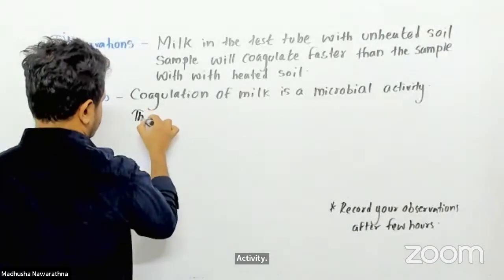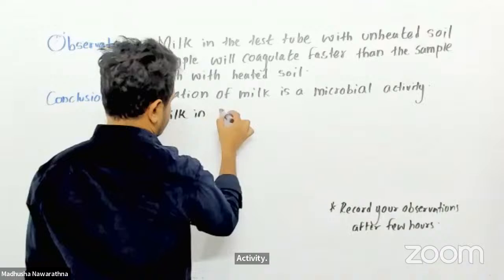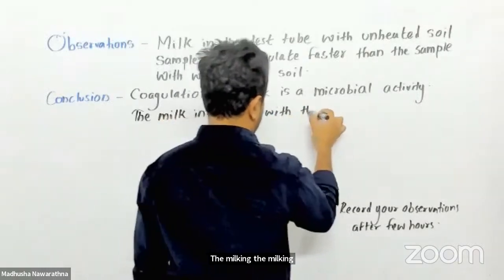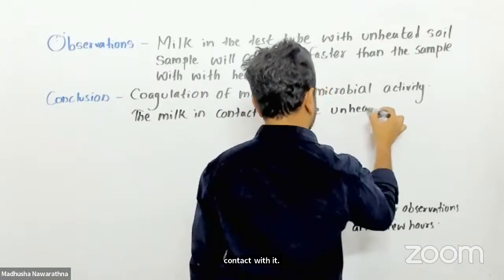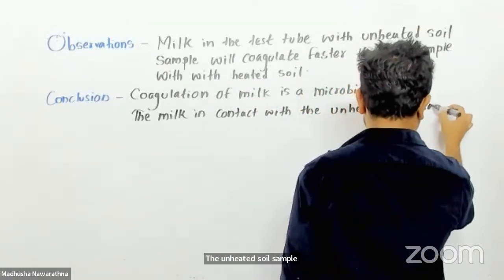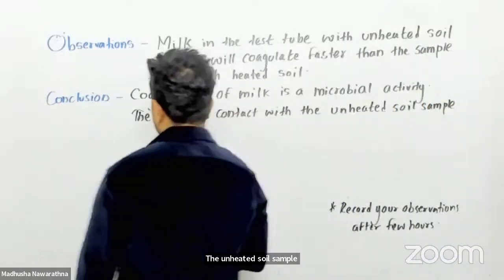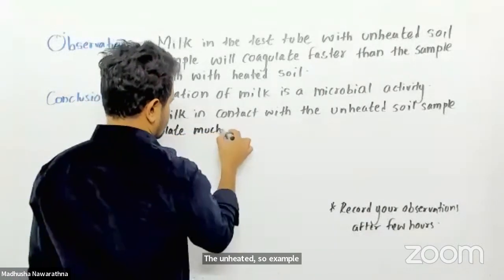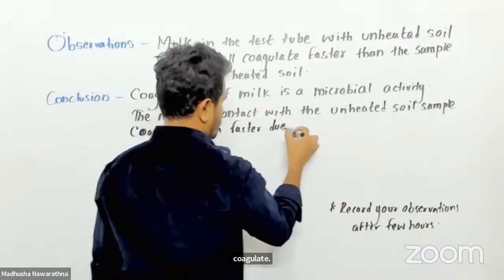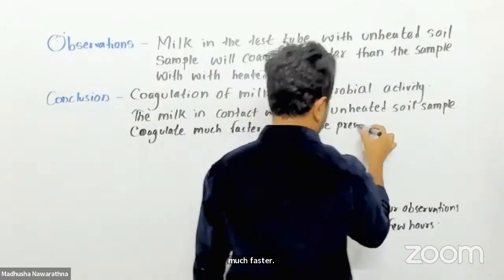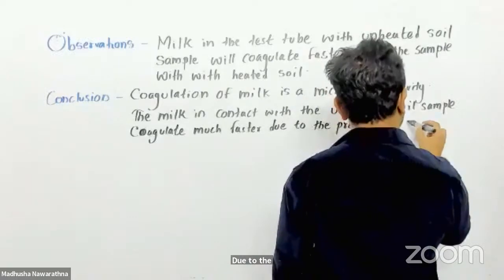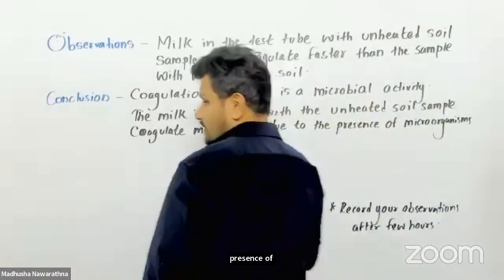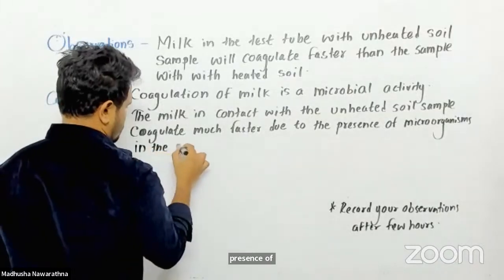The milk in contact with the unheated soil sample coagulates much faster due to the presence of microorganisms in the soil.